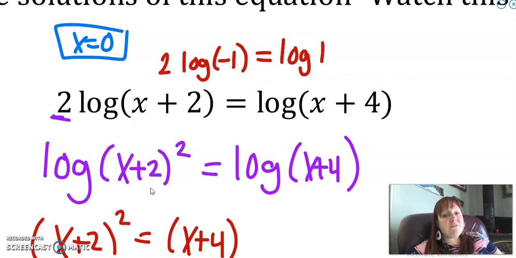And so we always have to check for extraneous solutions in our original equation before we did any manipulation to it, okay? So when we put in negative 3, we get negative 1, it doesn't work. So negative 3 is extraneous. So our only solution that makes this true is x equals 0.